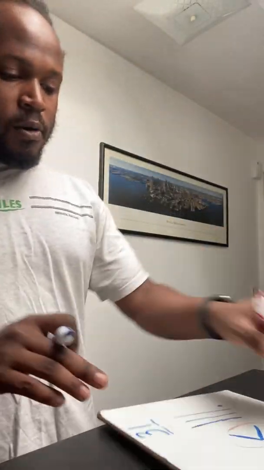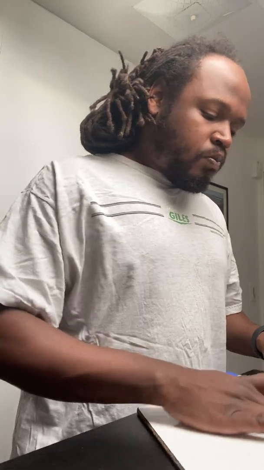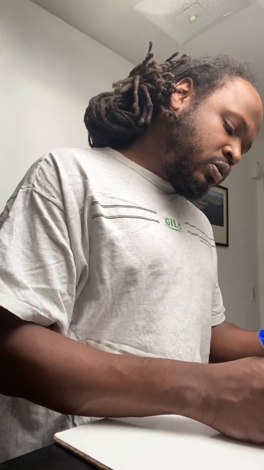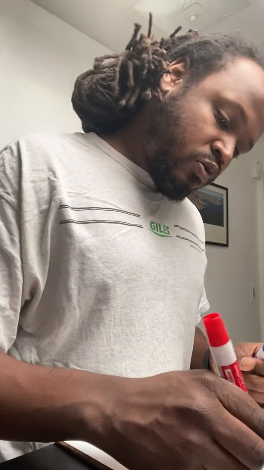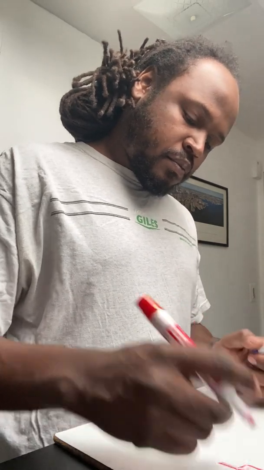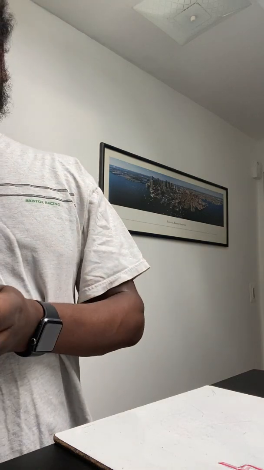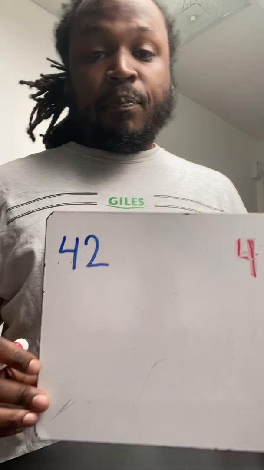Let's try one more. This time, we are going to compare the numbers 42 and let's do 47. All right. So, remember, the first thing we have to do is build our numbers.